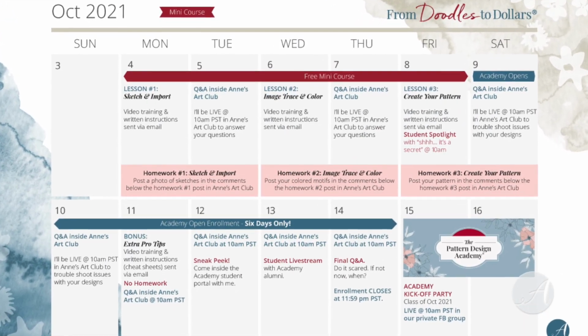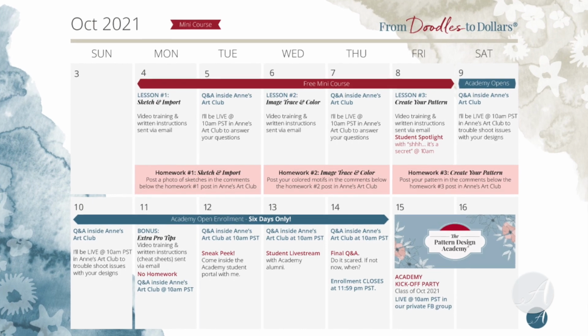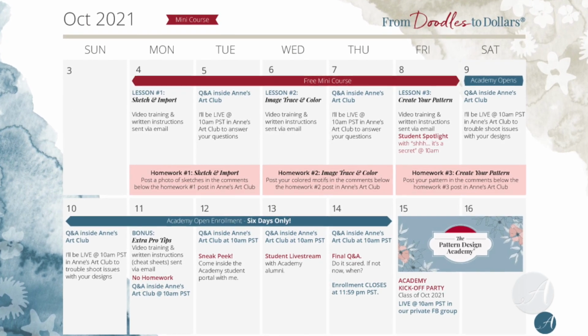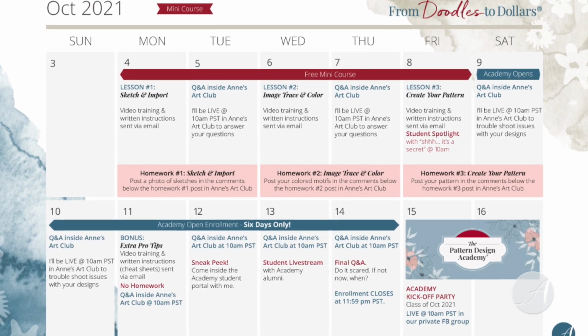I go live on a Tuesday to talk to you more about it, to answer your questions, to troubleshoot, to make sure that you have the guidance you need to complete that first step. On Wednesday, you get another video as well as the downloadable guide. And then on Thursday, I'm live to answer your questions, to troubleshoot, to make sure that you're making progress and that you're ready to move on to the next step.